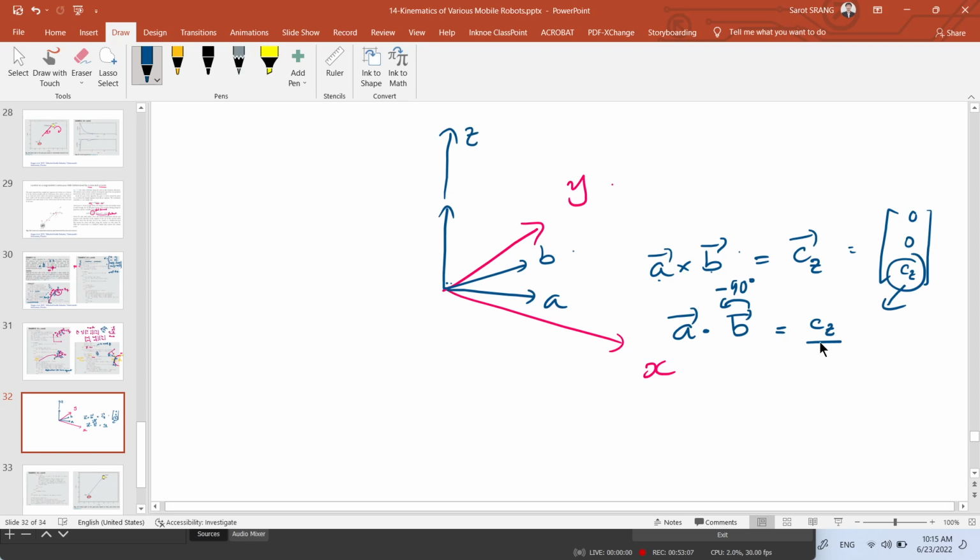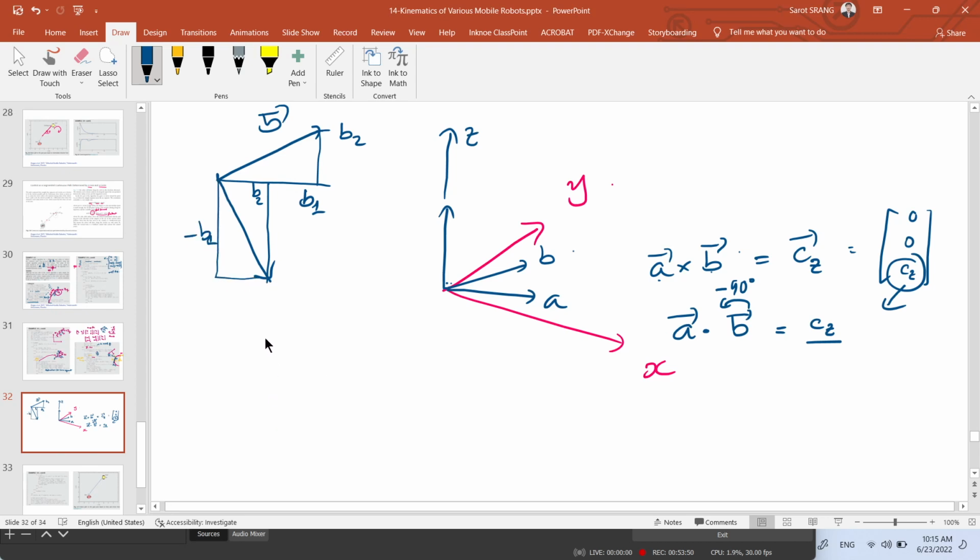Because B is only in the x-y plane, we rotate with respect to the z axis. So if I have B like this, it has component x here, which I call B1, and component y here, which I call B2. When I rotate 90 degrees like this, the component on x is B2, and here it is minus B1.